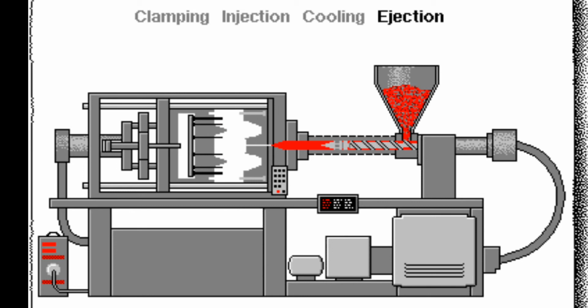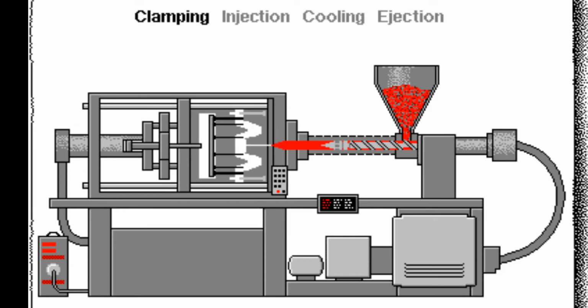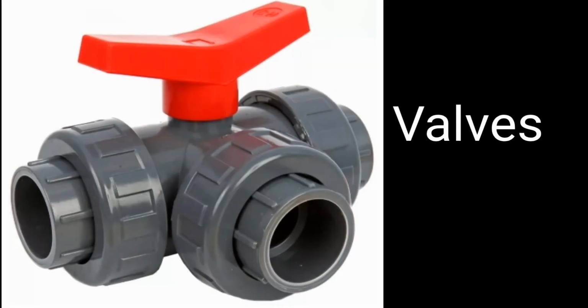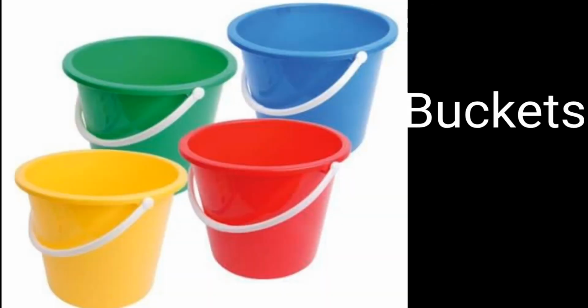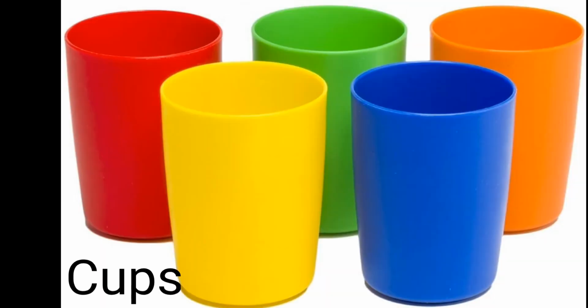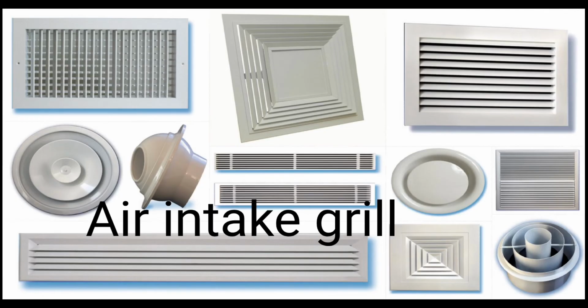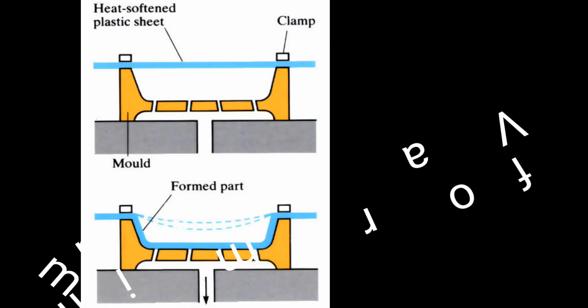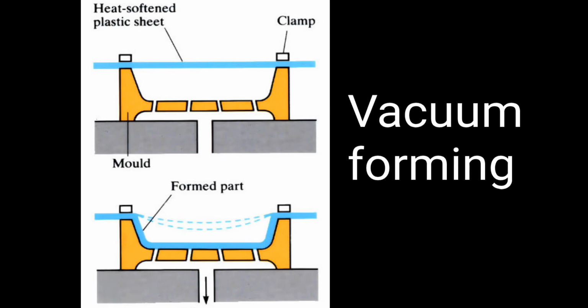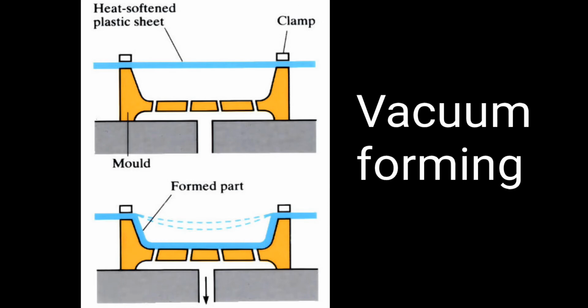This method is used to produce thermoplastic articles such as valves, combs, buckets, cups, the air intake grill of air conditioners, etc.